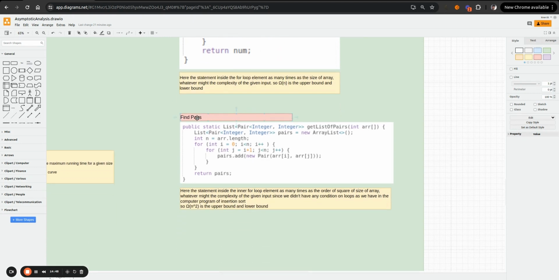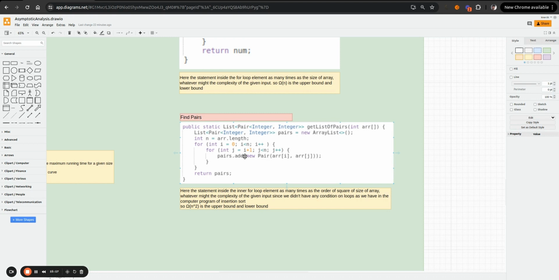Similarly, if we see this algorithm, finding all possible pairs of an array, here we have two loops. One is running from 0 to the last element, the other is running from i plus 1 to the last element. And when we are finding the pair, we are adding it to the list. Here as well, whatever might be the composition of the array, we'll be creating a loop based on the combination of i and j, and we will be creating this pair and adding it to the list.